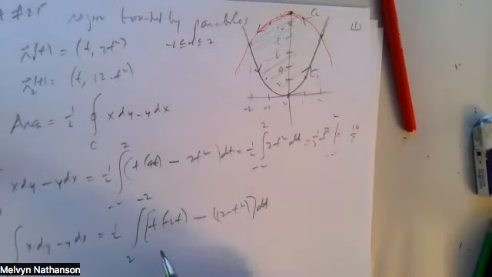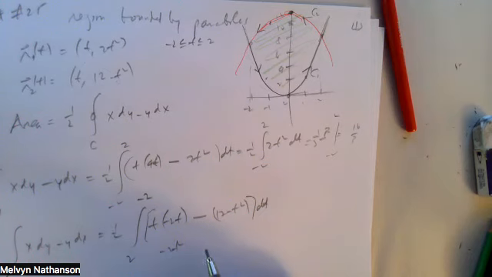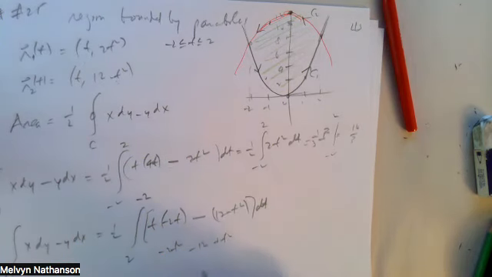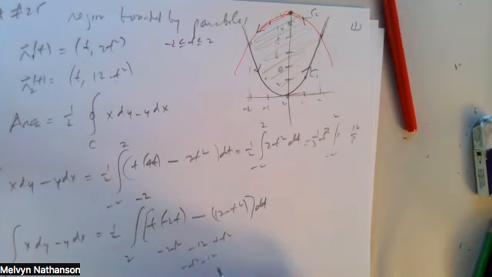So this is minus 2t squared minus 12 plus t squared. So that looks like minus t squared minus 12.